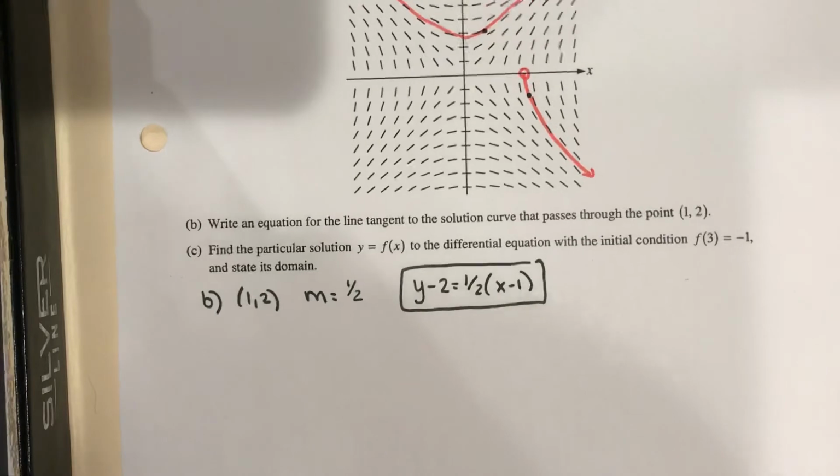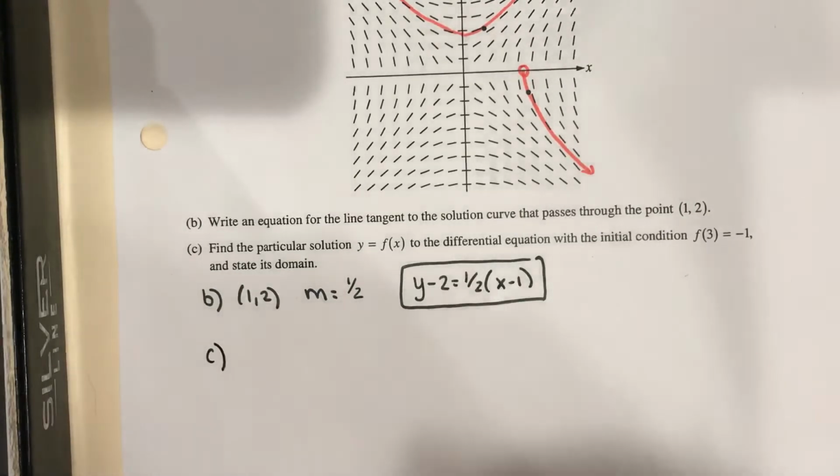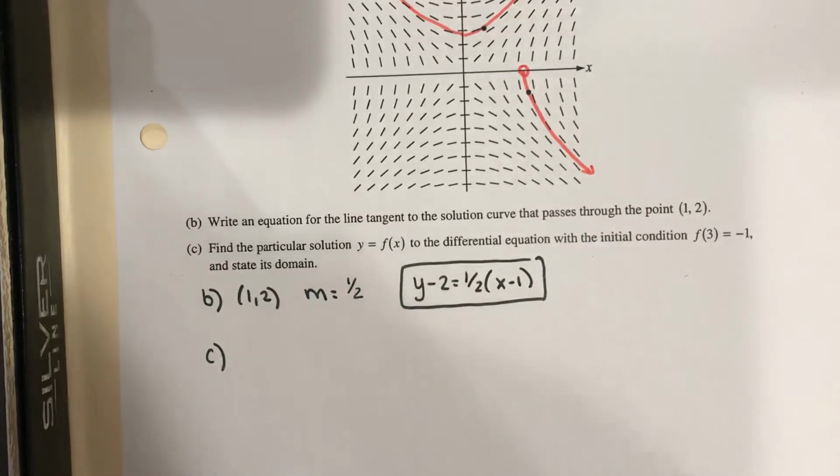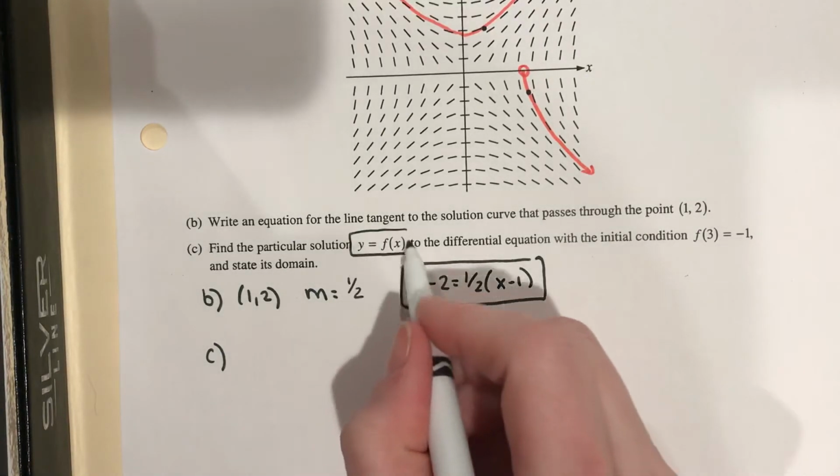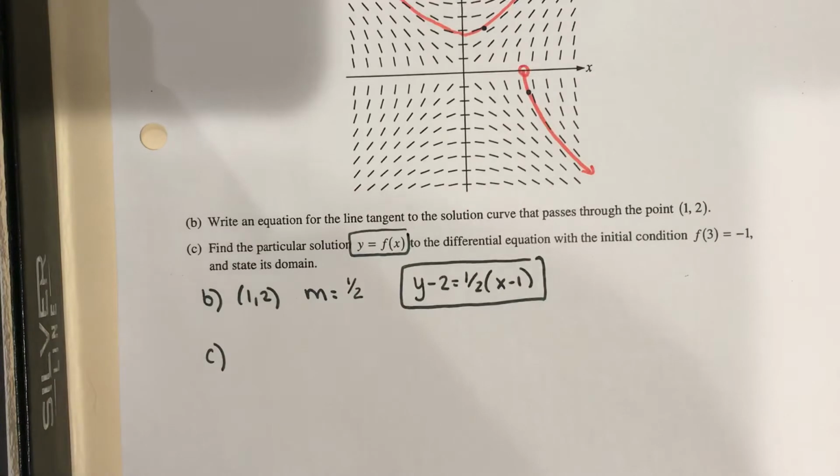Okay, now on to part C. We're going to now find the particular solution, and they say this important part right here, y equals f of x, which means we have to solve for y, to the differential equation with the initial condition f(3) equals -1, and we're going to state the domain.